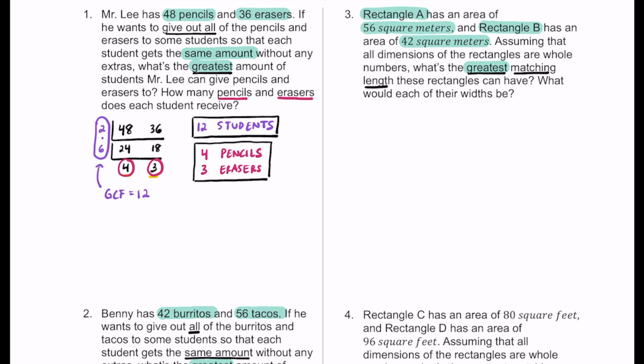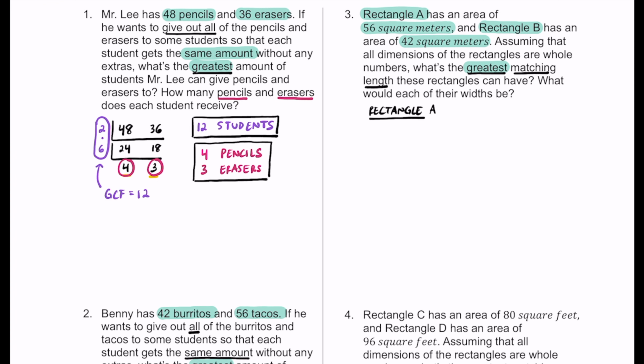Okay, so let's imagine what these rectangles look like. Rectangle A could have tons of different dimensions, but we're looking for the dimensions where they are matching. So let's lay out all the different possibilities that rectangle A could look like.